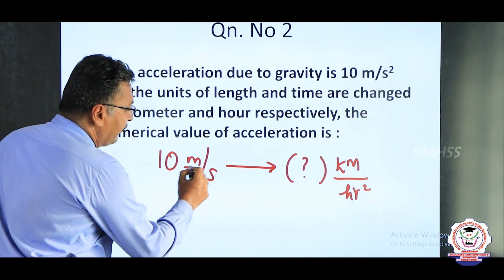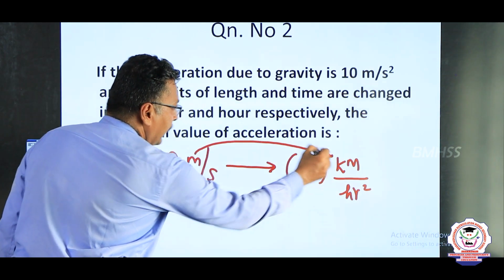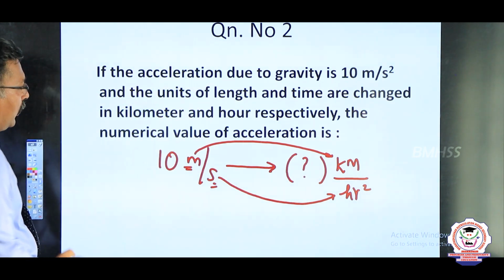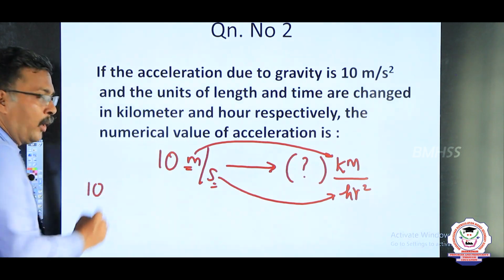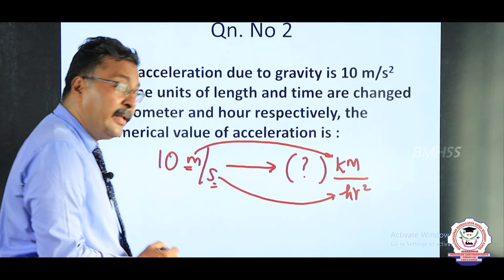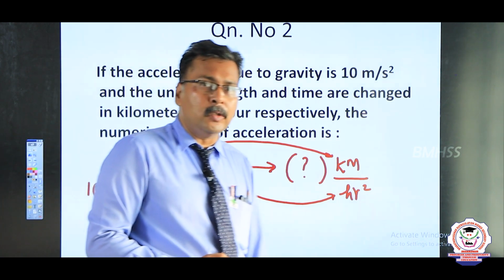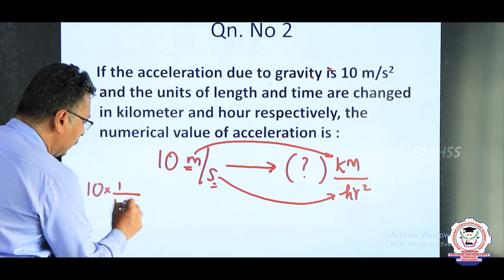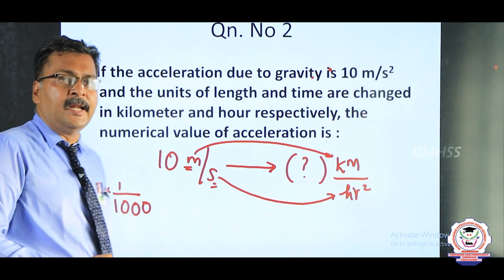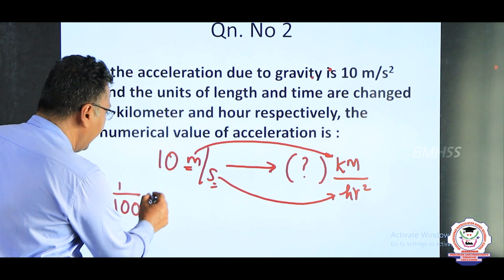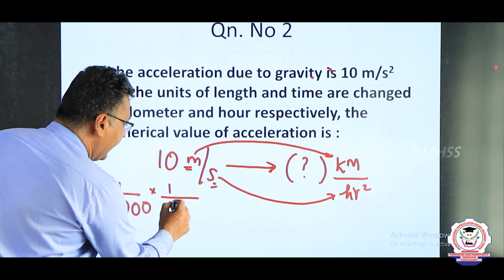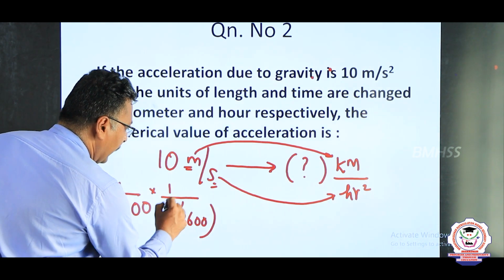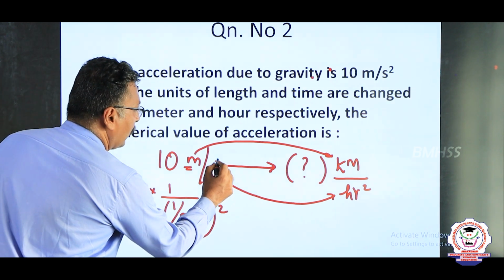So we have to convert this meter into kilometer and this second into hour square. So let us multiply 10 into 1 by 1000 of a kilometer, since 1 meter is equal to 1 by 1000 of a kilometer, or 1 kilometer is equal to 1000 meters. Hour square is in the denominator. So we are going to multiply by 1 second is 1 by 3600, whole square, because it is second square.